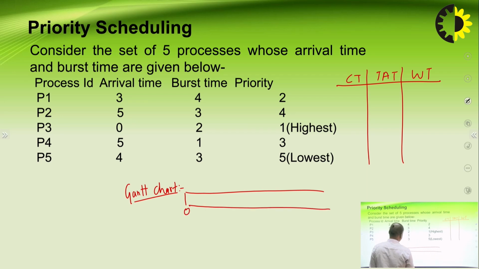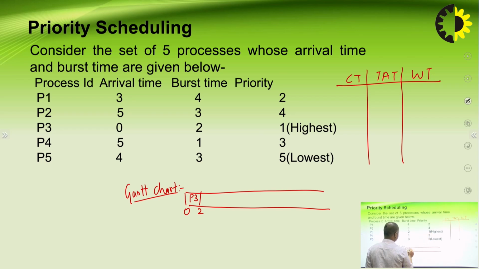We will start from 0 because the CPU time starts at 0. So P3 will start and run for 2 units, because it has the highest priority.